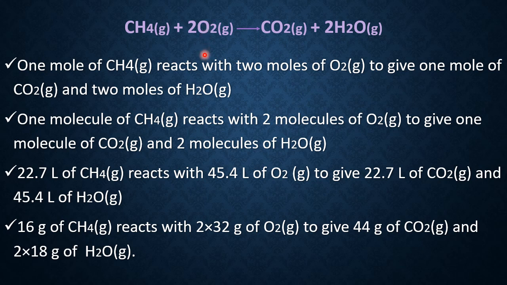So in terms of mass, 16 grams of methane reacts with 64 grams of oxygen to give 44 grams, 32 plus 12, 44 grams of carbon dioxide, and 1 water equals 18 gram, 2 water equals 36 gram of water. So as in the previous chart, in terms of mole, in terms of number, in terms of volume, in terms of mass are interconvertible.